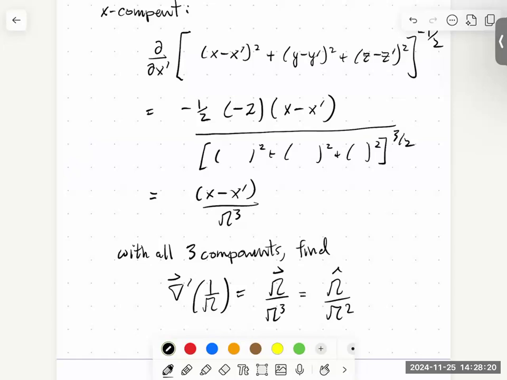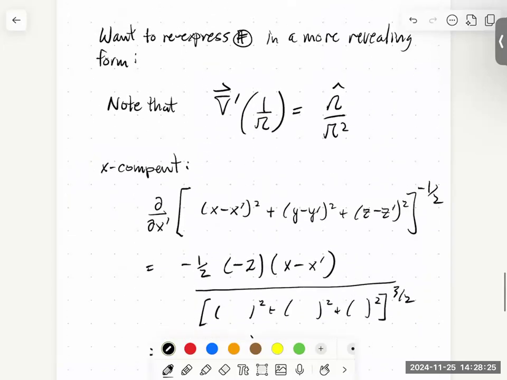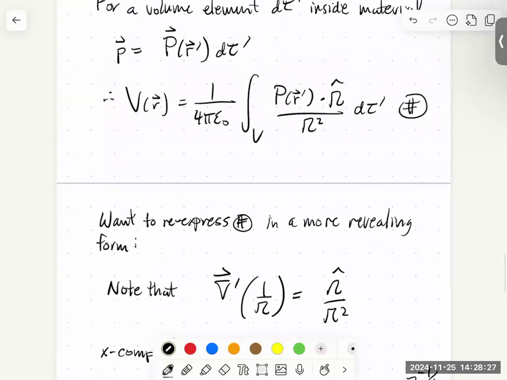Okay, so that's fine. So what we're going to do is go back to our potential, and we're going to replace our r hat over script r squared with this gradient.